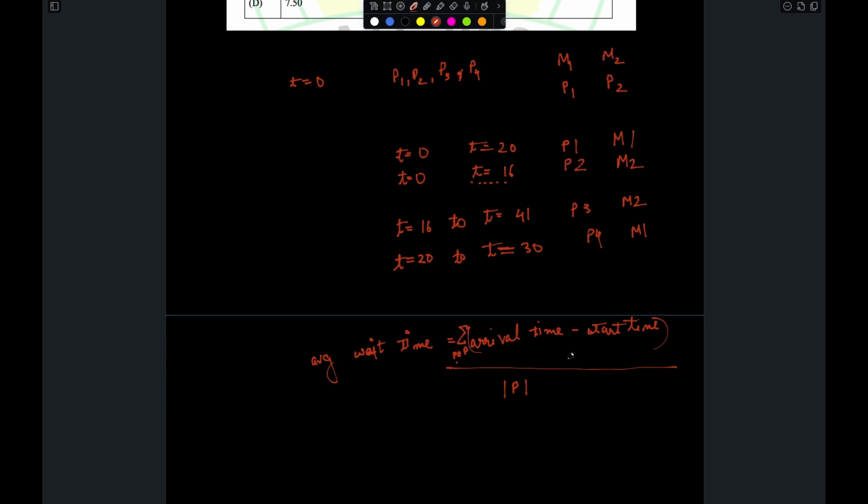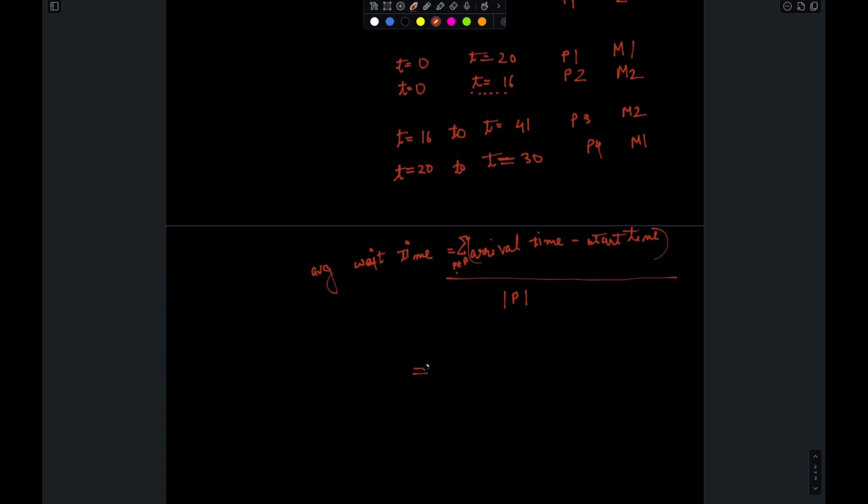And this is divided by mod P, which means the cardinality, the number of processes that we have, where each process belongs to the set of processes. So this will give us the average wait time.